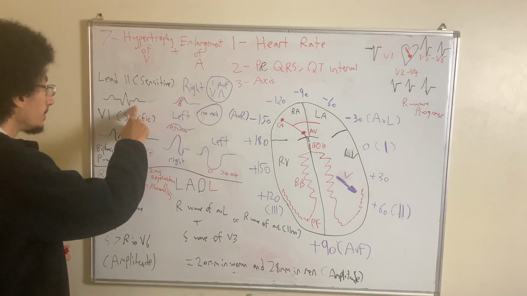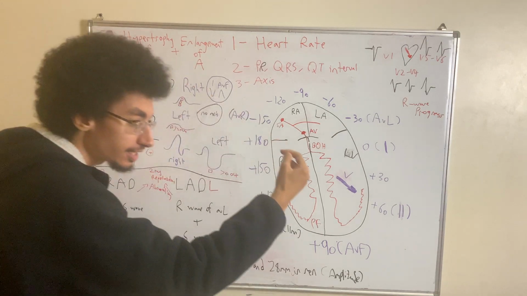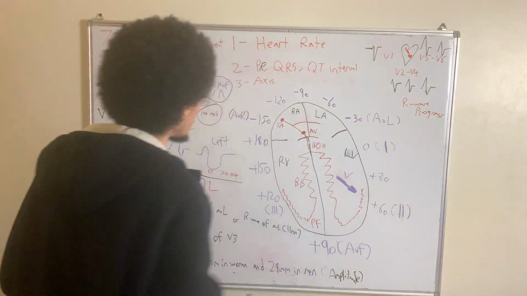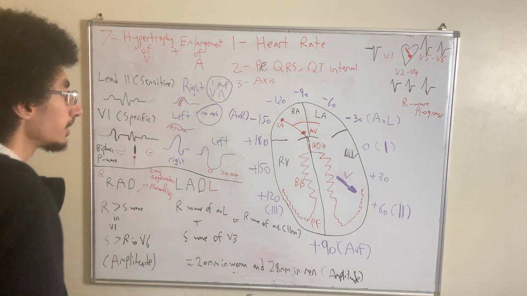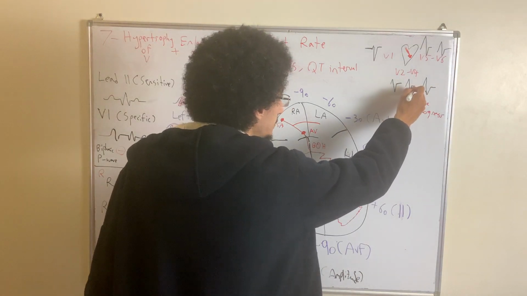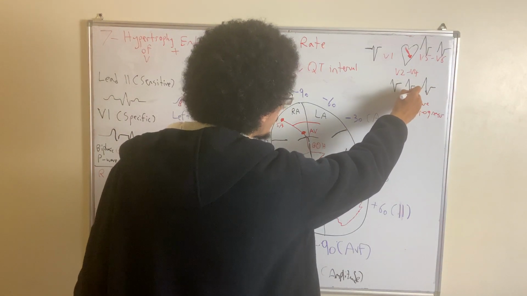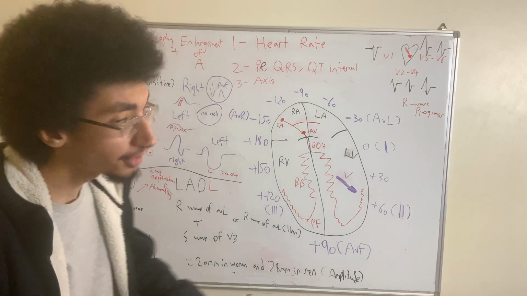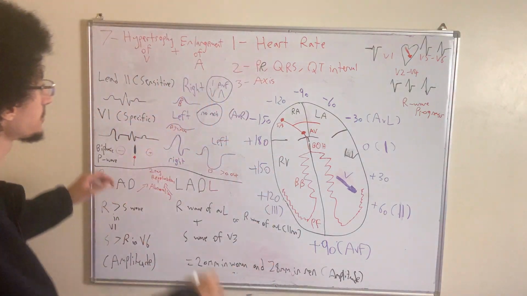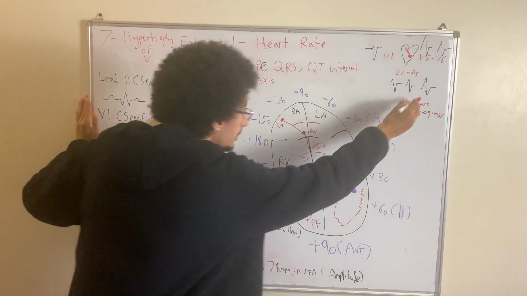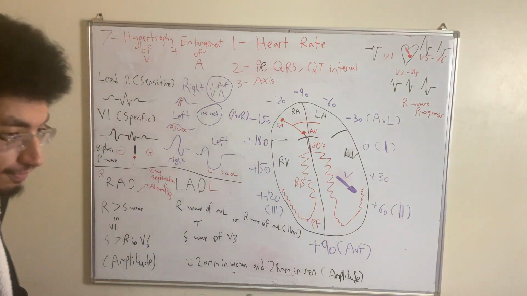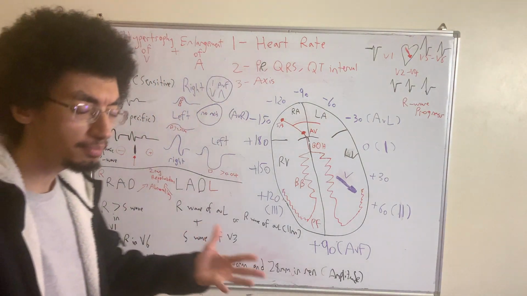I will do 7 millimeters plus whatever millimeters is in the S wave of V3. So let's say the S wave here is 3 millimeters. So 7 millimeters plus 3 millimeters equals 10 millimeters.